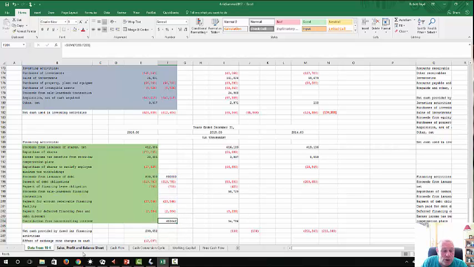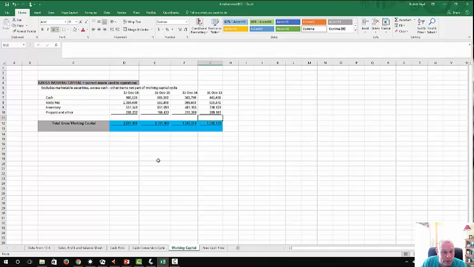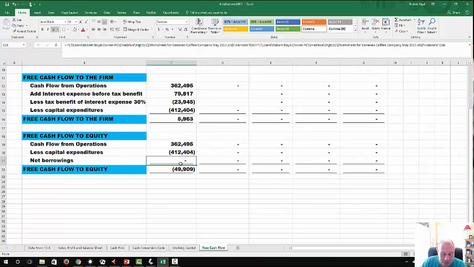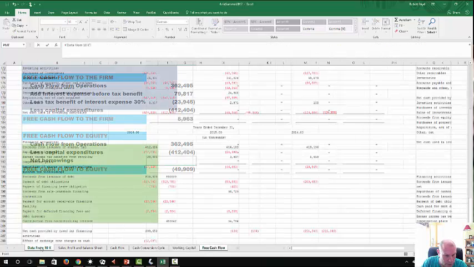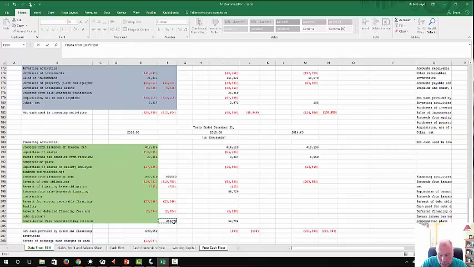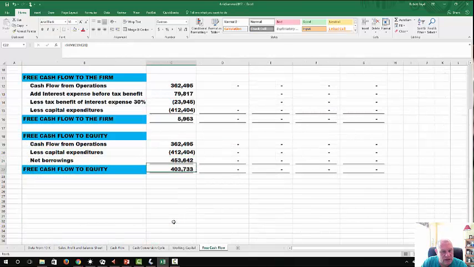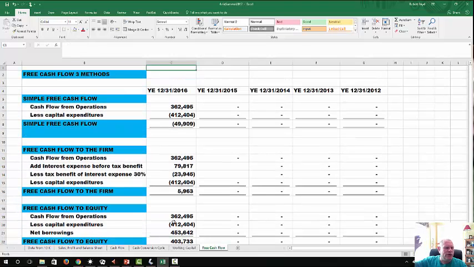So 453 were net borrowings. So let's go right back over here to free cash flow. And we can see that the free cash flow to equity was there. So what I'm going to do now is I'm going to populate that, come back with the closing one, and then you're going to be on your own.